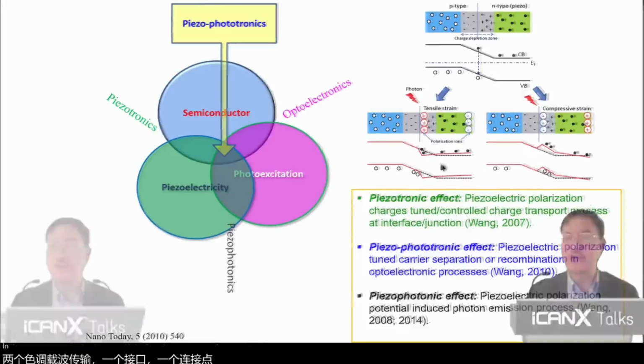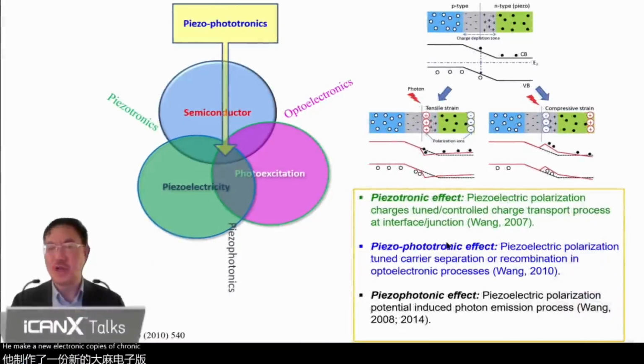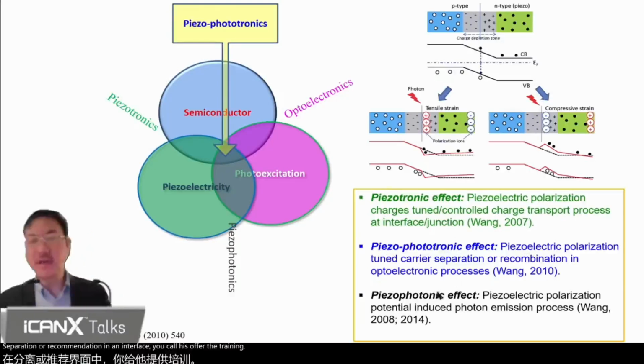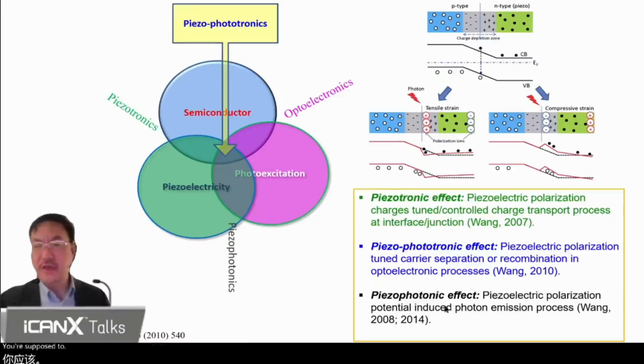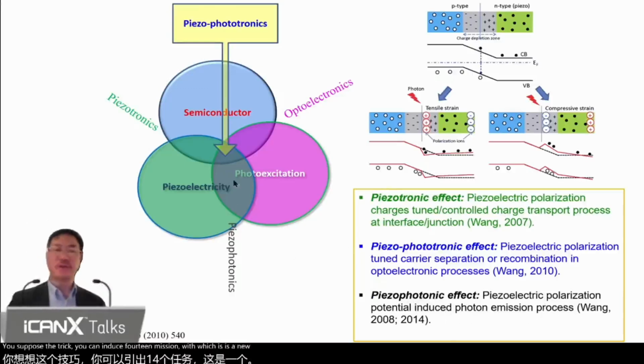You make a new electronics called the piezotronic effect. Second, use the piezoelectric polar charge to tune or control the charge separation or recombination at the interface. You call it the piezo-phototronic effect. Lastly, use piezoelectricity to induce photon emission, which is a new effect. Does this exist?